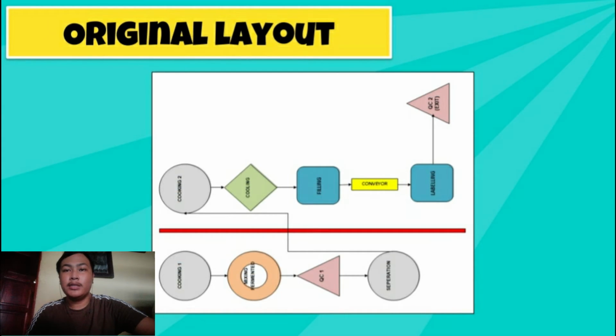The labeling process includes capping and labeling, and the last process is QC2 before the exit. In QC2, the workers will check the final quality before it is distributed to the customer.